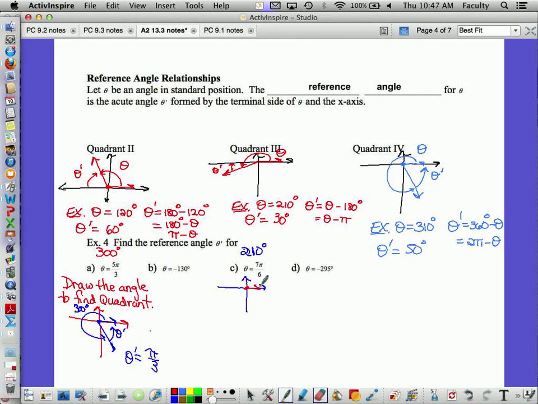It's in the third quadrant, right? So how far away am I from the x-axis? Isn't that 30 degrees? 210 minus 180 is 30. That's pi over 6.